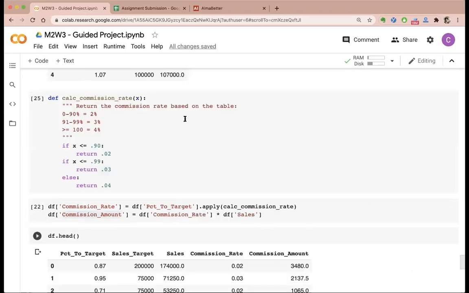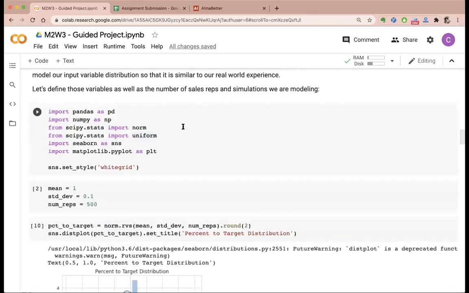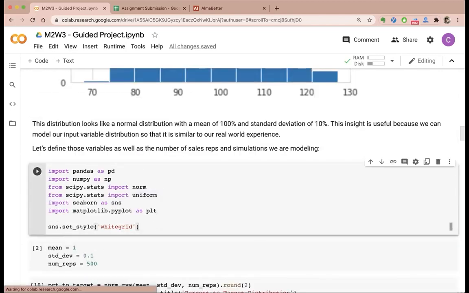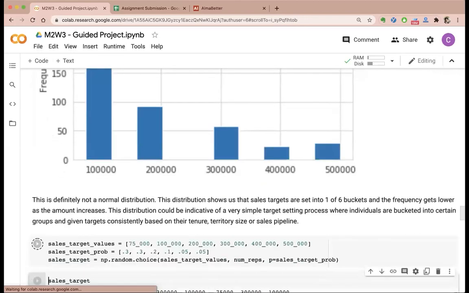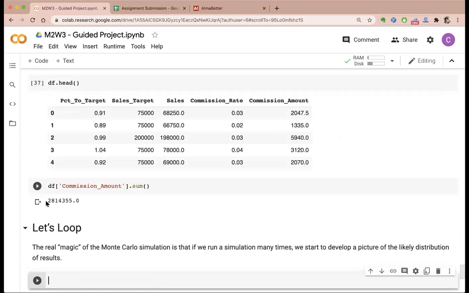Every time you run this particular code, you will get different values. If I run this code again, I will get different values. See, it was 2.82 something. Now we have 2.81 something.